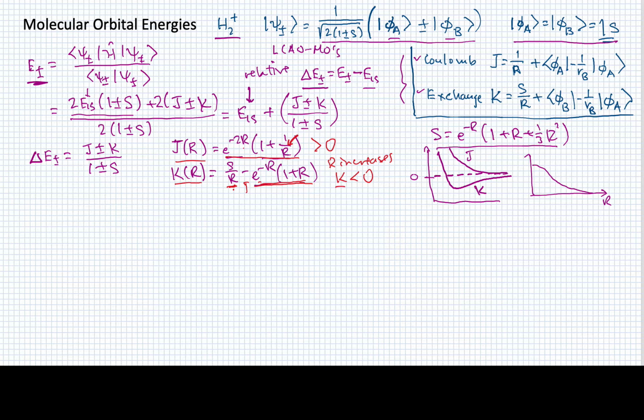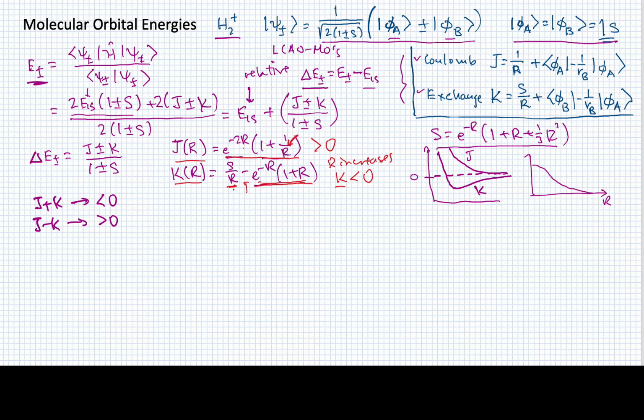So you can see that what we have is now an opportunity for their sum or their difference to have a particular sign. And in particular, j plus k at large enough r can go to a number that's less than 0. J minus k, on the other hand, is always going to be a number that is greater than 0, as it turns out.